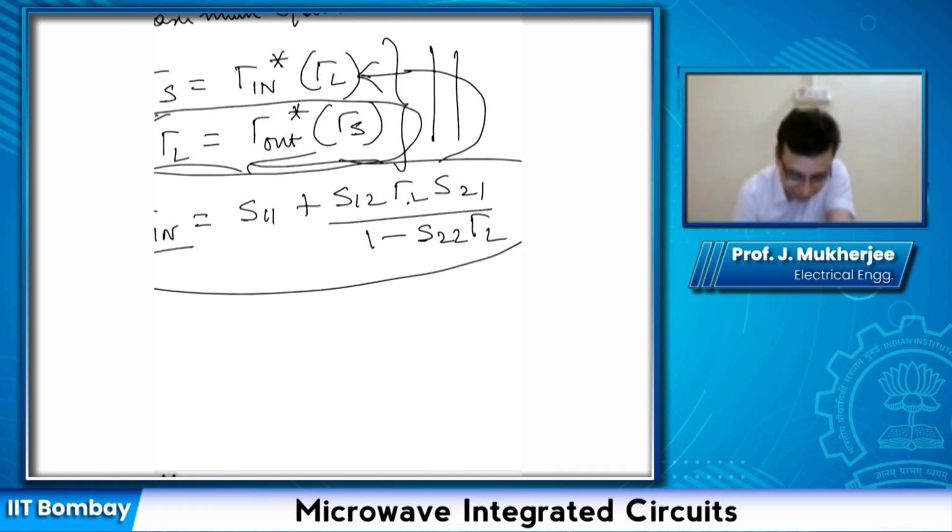That optimum value of gamma S and gamma L, which I call gamma MS and gamma ML, are given like this.